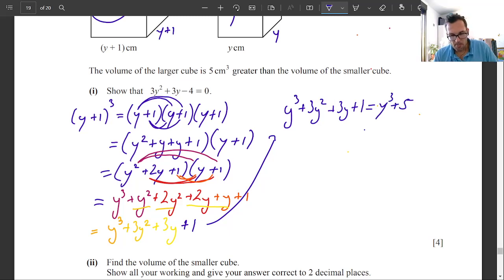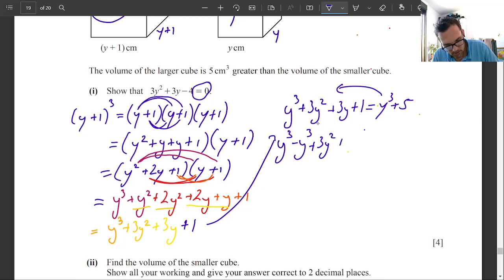Make sure that's equal to 0 by moving things across to the other side. So we'll have y cubed minus y cubed, the 3y squared where it is, then the 3y, then the plus 1, and then minus 5.